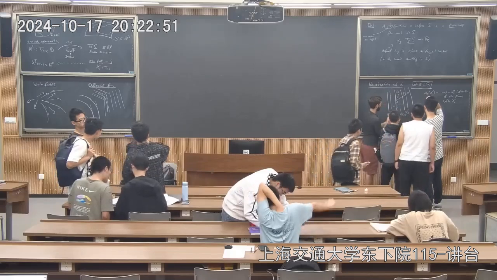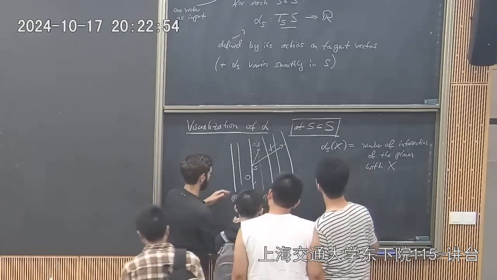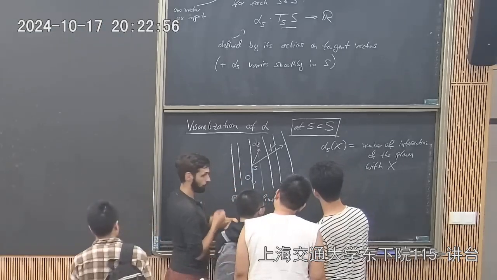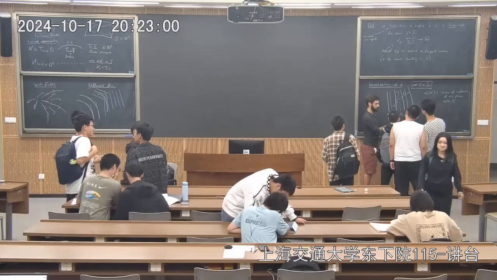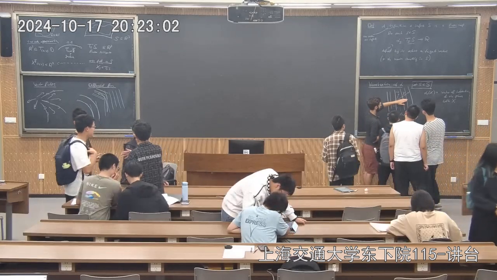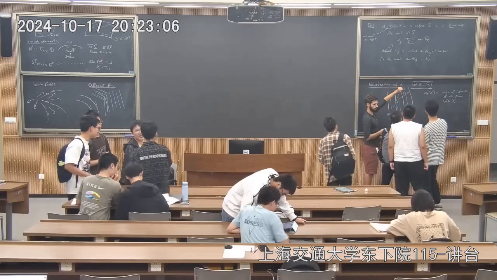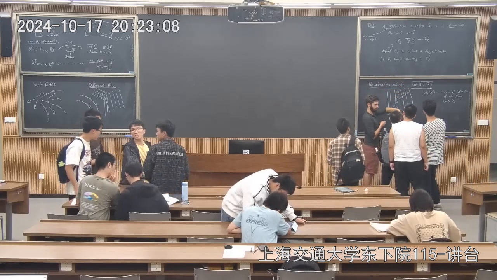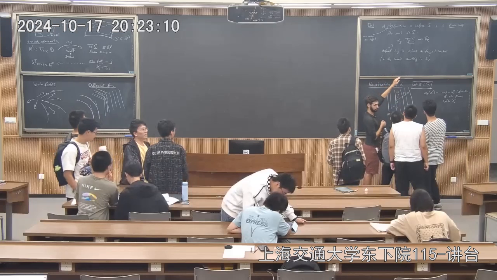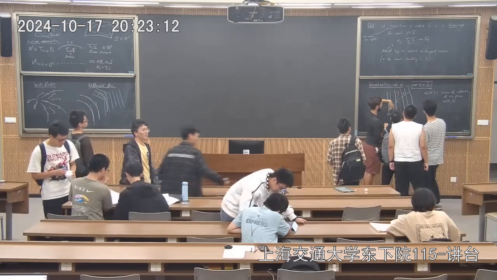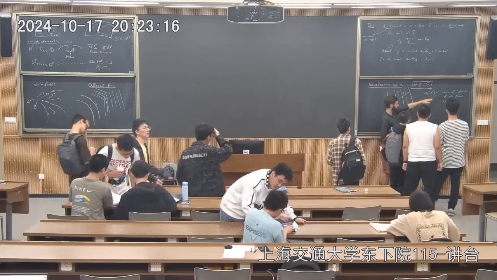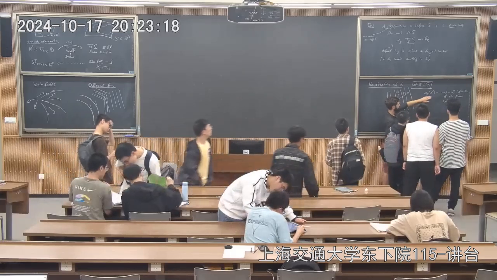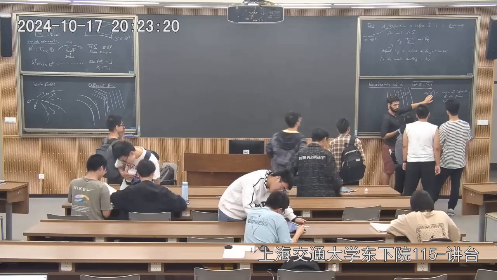So there are two ways. One way is saying once I have these parallel planes, that's what I gave you. Then you ask me, okay, what is the one-form? I have to tell you what this value is, so I have to say what alpha is defined on the vector.